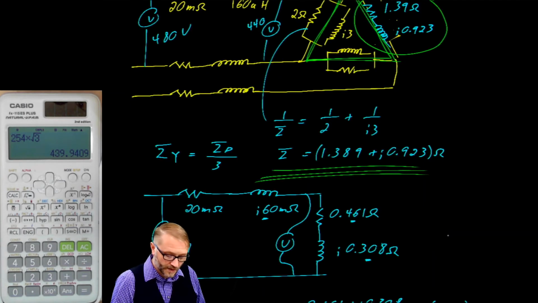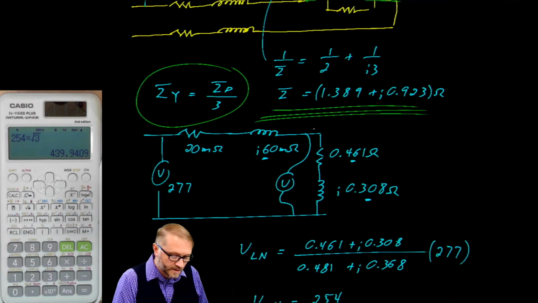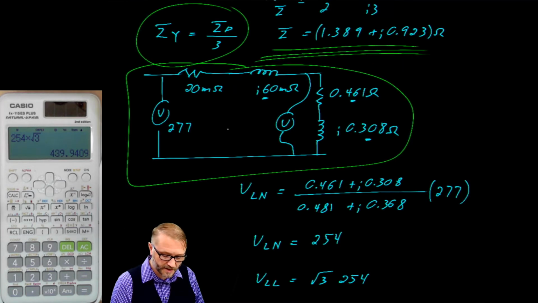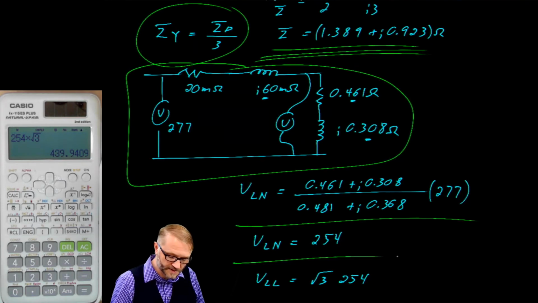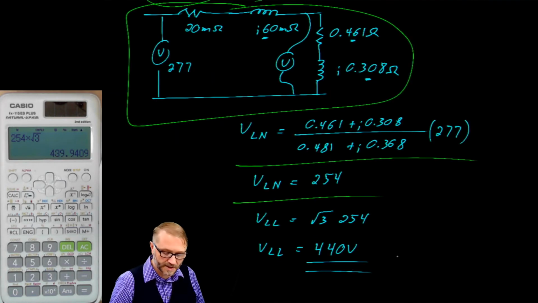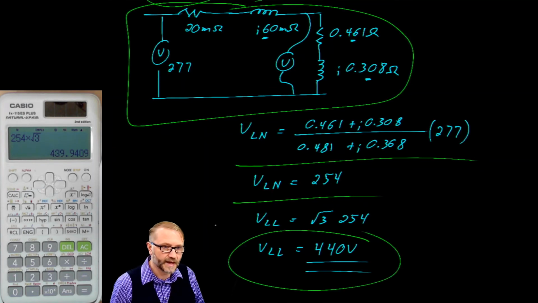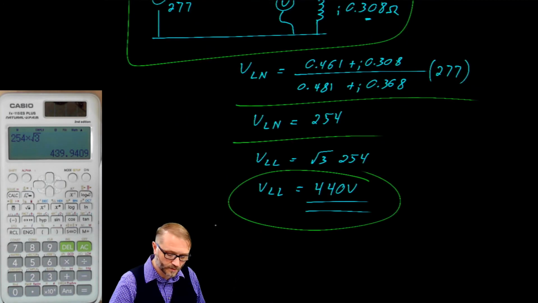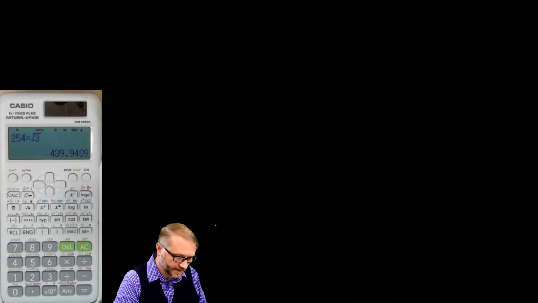From there, we did a delta to a Y conversion and sketched out our equivalent per phase circuit. And from there, we used the tools that we've used all along. The voltage divider gave us a voltage line to neutral, and then we multiplied that by root 3 to get back to the voltage line to line. So delta to Y, Y back to delta. Moving on to complex power.